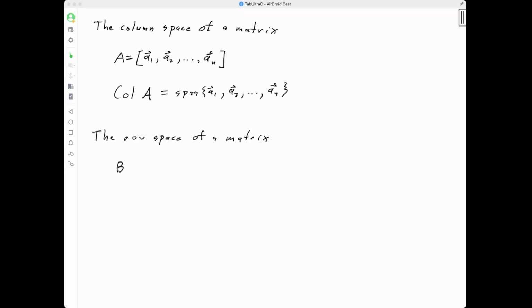We could think of our matrix, this time I'm going to use B, as a collection of row vectors. If I take the span of all my row vectors, then the row space of B is just equal to the span of my row vectors.